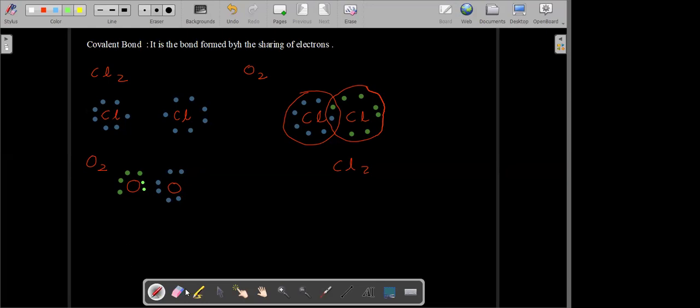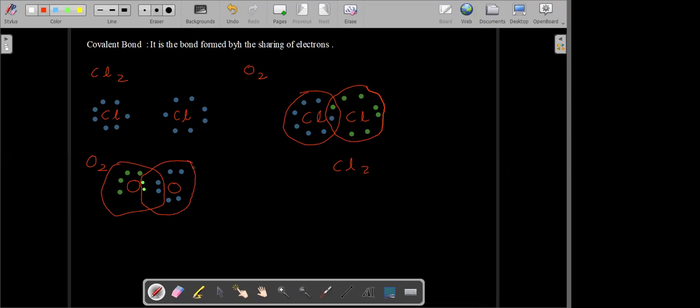Now see, when 2 electrons have been shared by each of the oxygen atoms, the oxygen atom's valency is satisfied. This oxygen has gained these 2 electrons, and this oxygen has also gained this electron. So there are a total of 8 electrons with each of them.